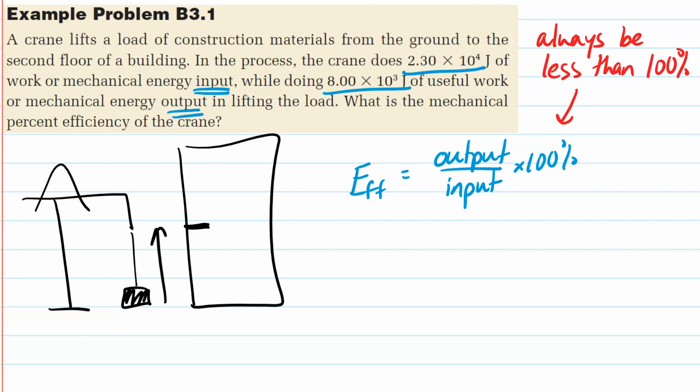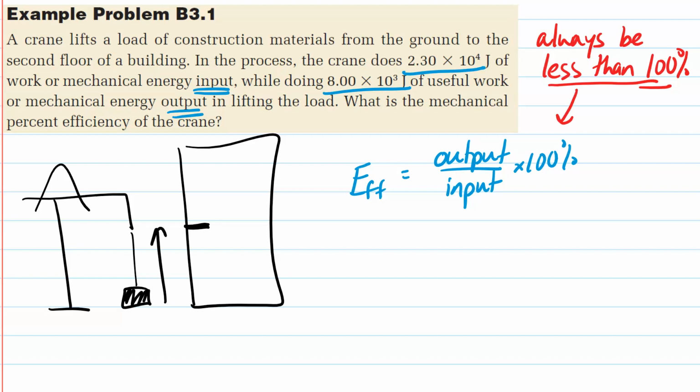So if you ever calculate efficiency and you get a number greater than 100%, then you know you're wrong. What you're wrong in is probably flipping the output and the input, or mistaking the output for the input. So efficiency is always going to be less than 100%. If it's not, maybe what you think is the output is actually the input.